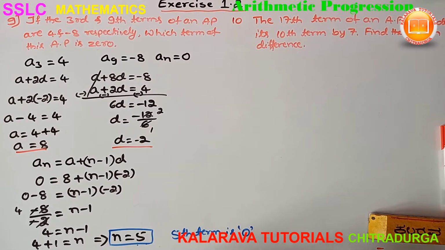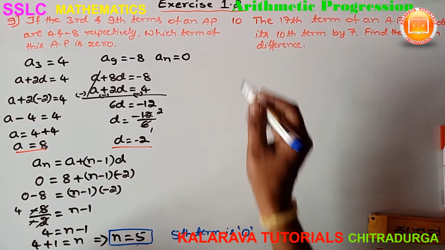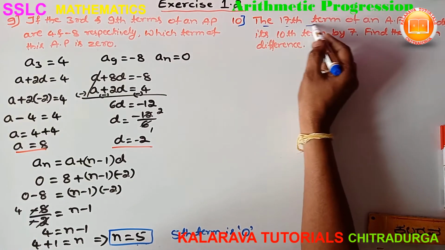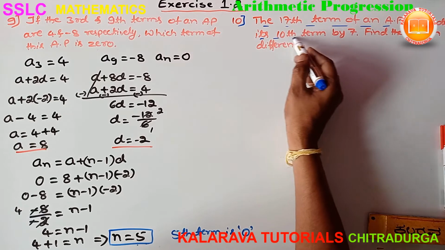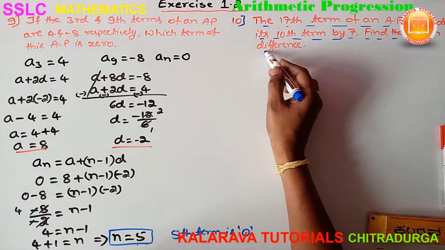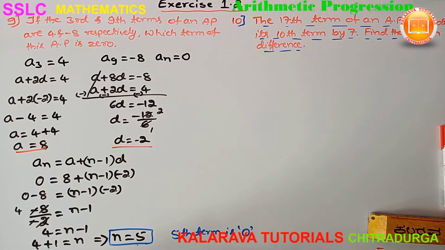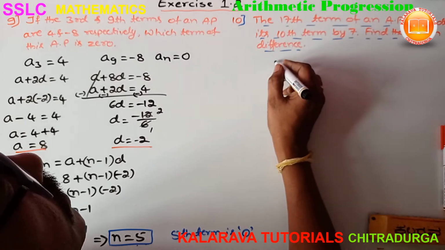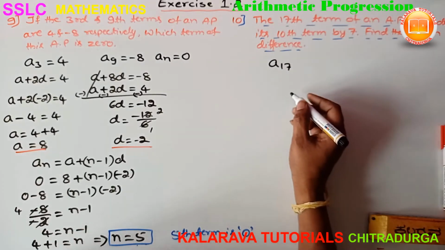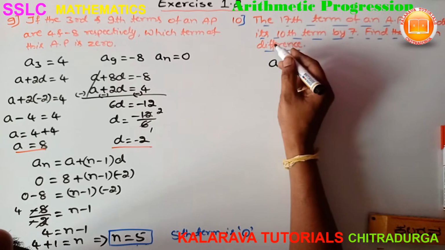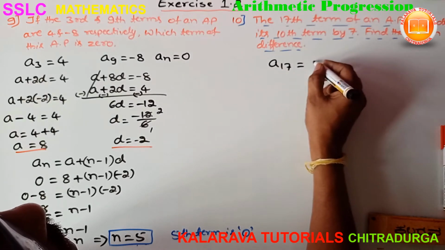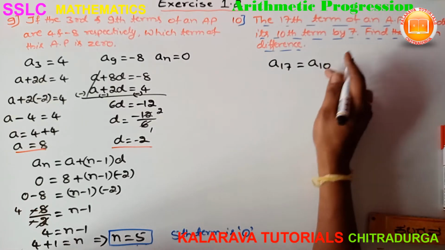Here in the 10th problem they given that the 17th term of an AP exceeds its 10th term by 7. Find the common difference. Here by using the data we have to find out the common difference. That means the 17th term, A17, exceeds its 10th term by 7.